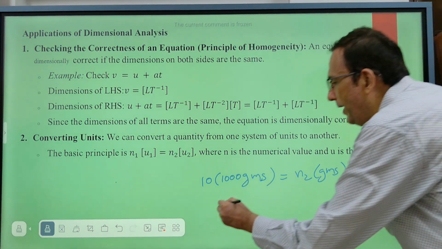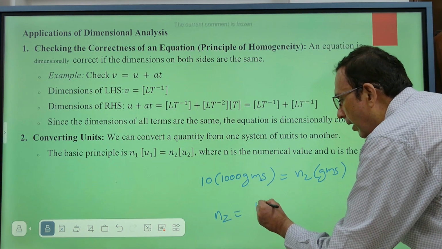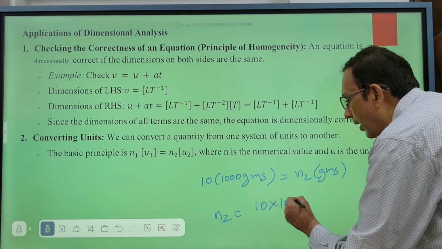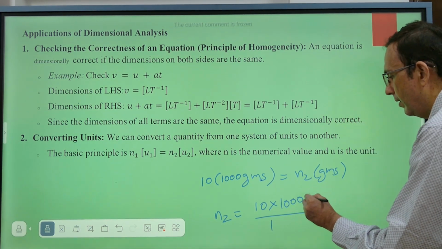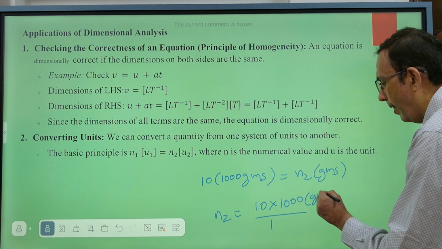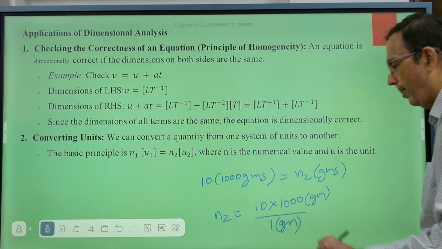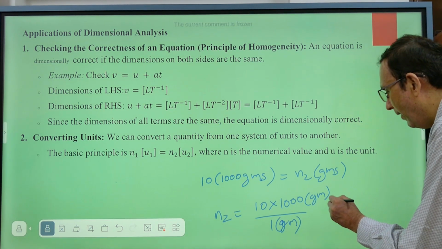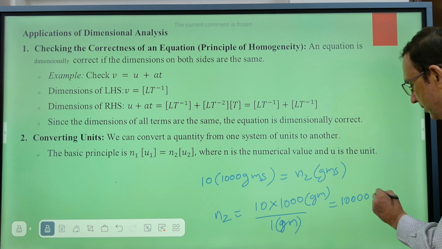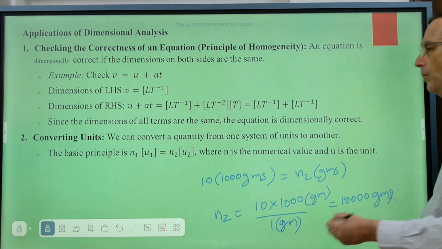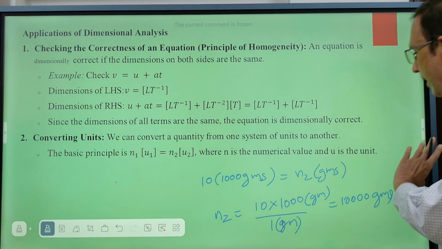So then n2 would be nothing but 10 into 1000 divided by 1 gram. Okay, so that would give us 10,000 grams. So basically it would mean that 10 kg is nothing but equal to 10,000 grams.